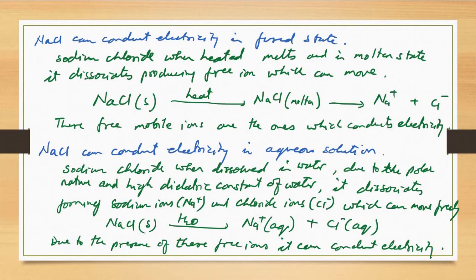Okay. Now look here. We have just seen electrolyte. If it dissociates into ions, then it can conduct electricity. That means it is a must for the electrolyte to dissociate.